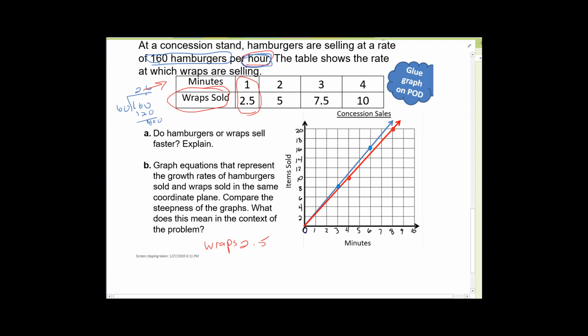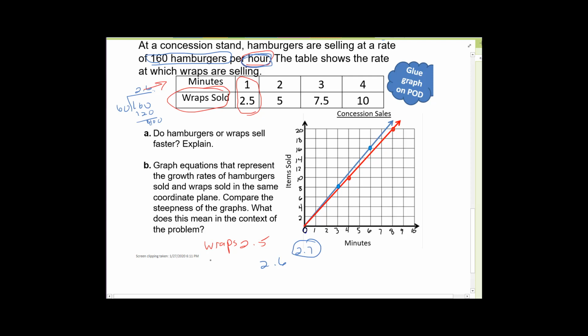Am I doing that correctly? So that's 40. That gives me 40, 400, 6 times 0, 0, 36, and it just keeps going on and on and on for 2.666. So we'll just say 2.6, okay? So hamburgers, the unit rate is 2.6. Now you could round that up also to 2.7. Either one will work, okay?